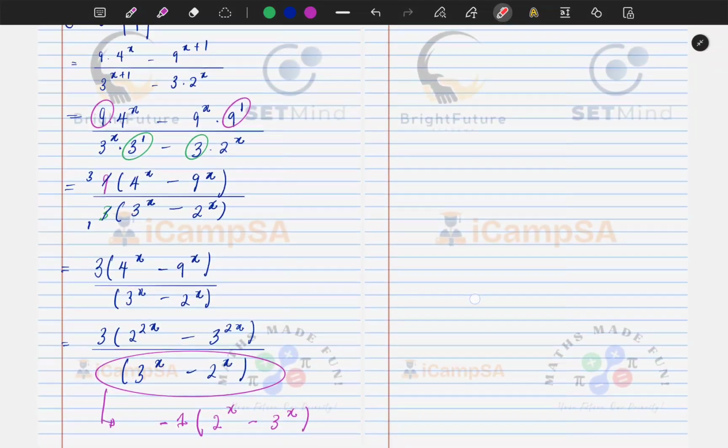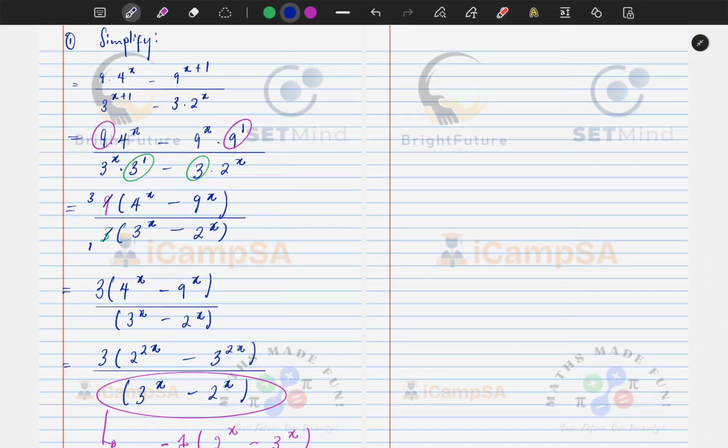So now what I'll be left with is 2 to the power of 2x minus 3 to the power of 2x, all over -1 into 2 to the power of x minus 3 to the power of x.